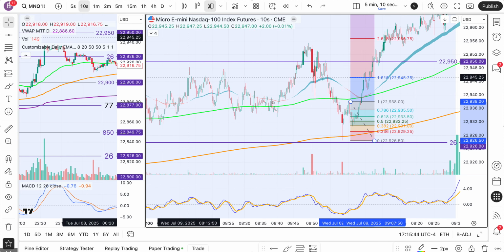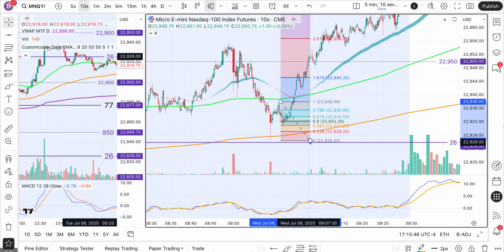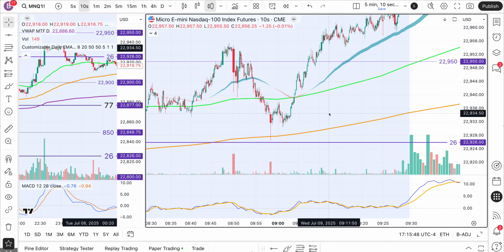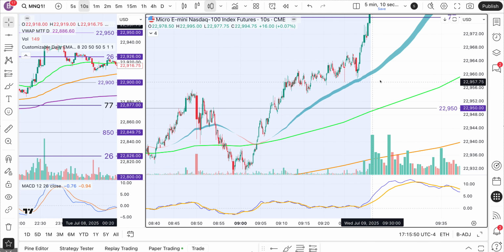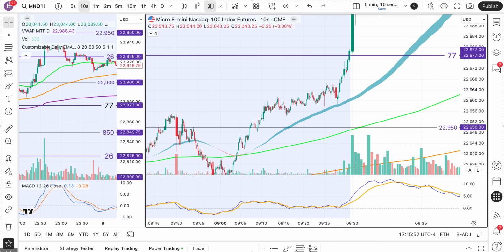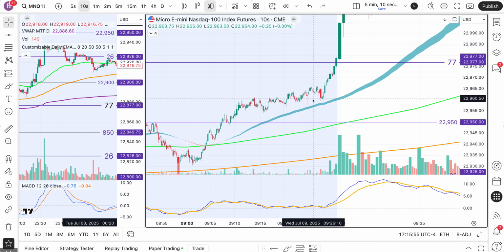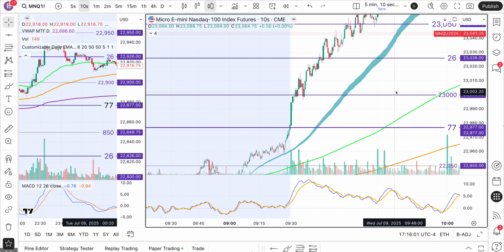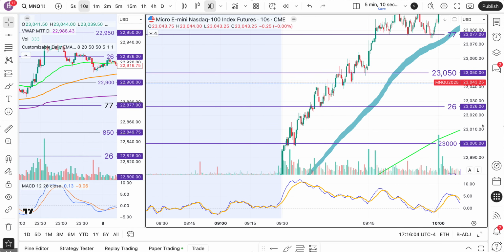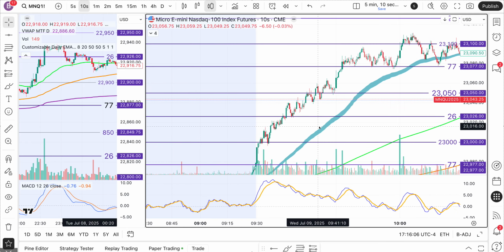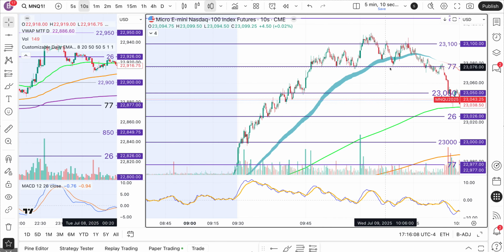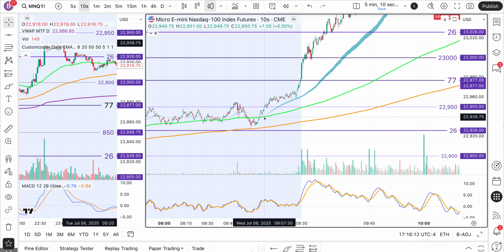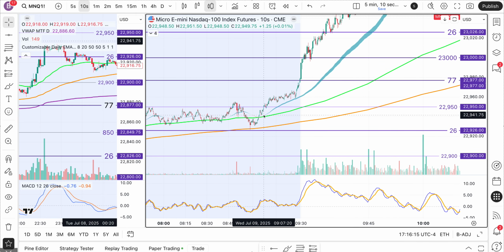So in this case, this would have been an amazing trade, especially if you are using the 1-minute 20, which I have here in blue, to hold you in. You can see it bounced off that a couple times just before the open, and then it headed up. If you're keeping a 25-point trailing stop on it, then you would have been all the way up to about here at 23,077 from an initial entry at about 22,941.